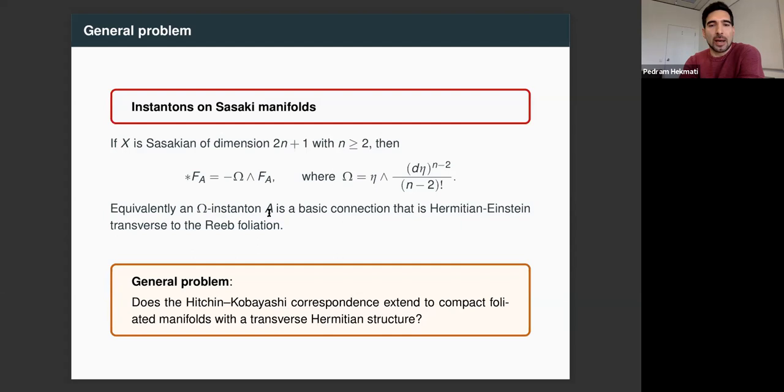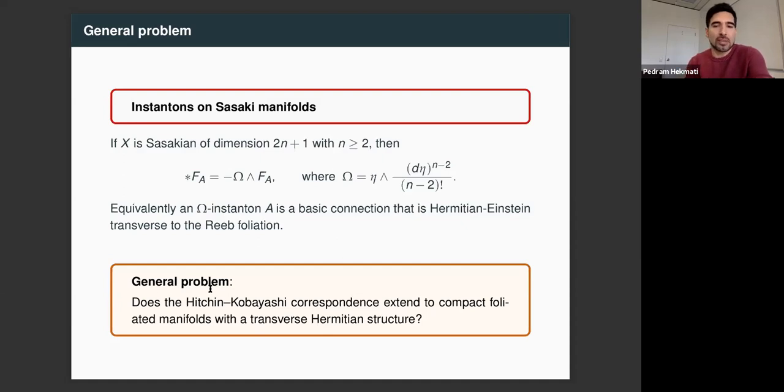These again have an interpretation as being basic connections with respect to the Reeb foliation, and the contact instanton equations become exactly the Hermitian-Einstein equations on Sasakian manifolds. On a Sasakian manifold, of course, the Reeb foliation is a taut Riemannian foliation, with the transverse Kähler structure.